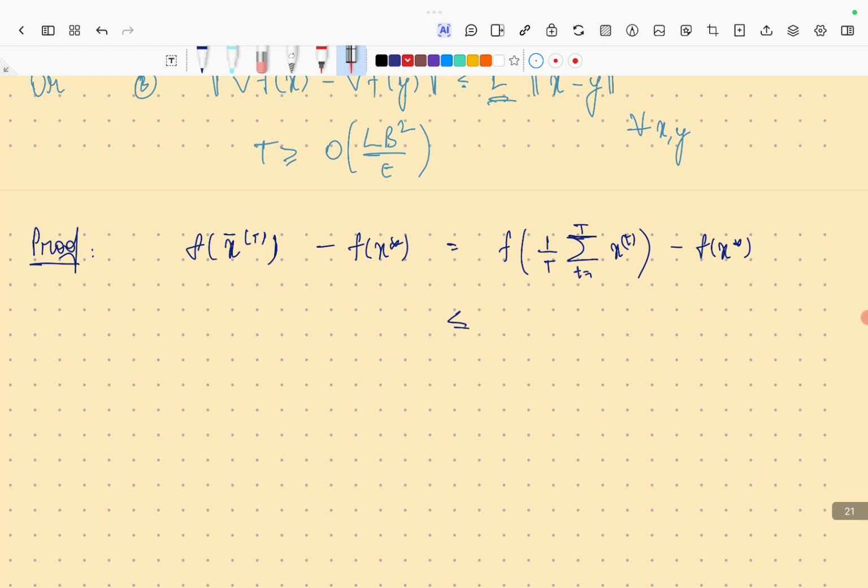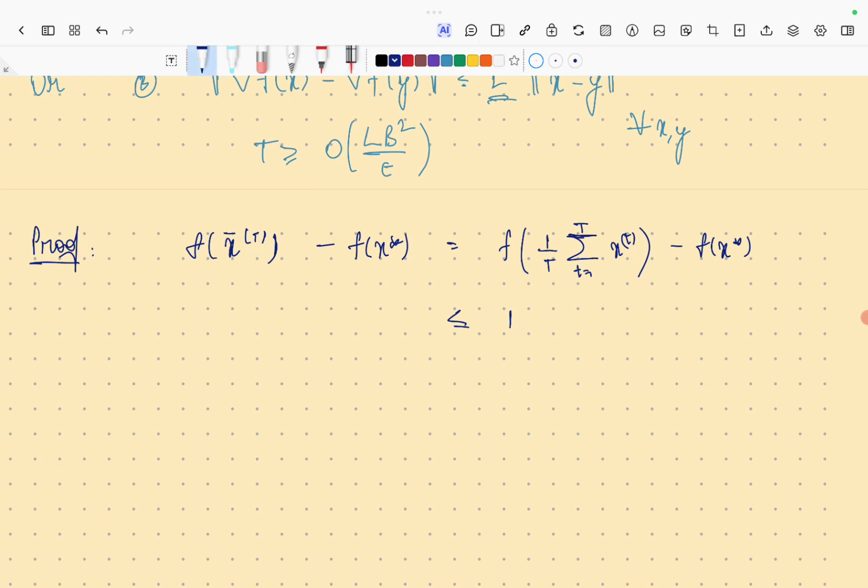So let me use the definition of convexity. This is less than or equal to 1 by t, summation t equal to 1 to capital T, f of xt minus f of x star.